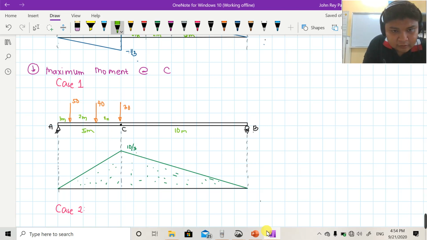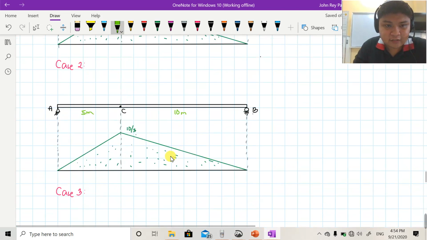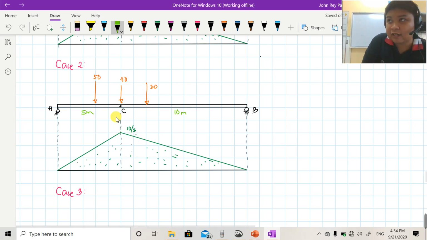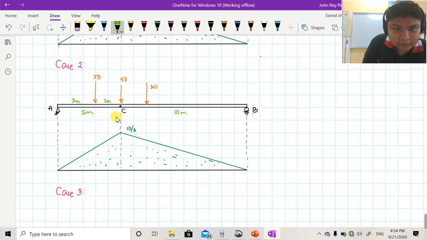So, then proceed tayo sa case 2, which is ang mangyayari, mapupunta dito yung 30. Dapat nga yung isa sa tatlong loads class nandoon sa may maximum. So, this case, yung 40 nandito na. And yung 50 nandito. Okay? So, therefore, lagay natin class ng numerical value. This is 3 meter, 2 meters, 2 meters, 8 meters.